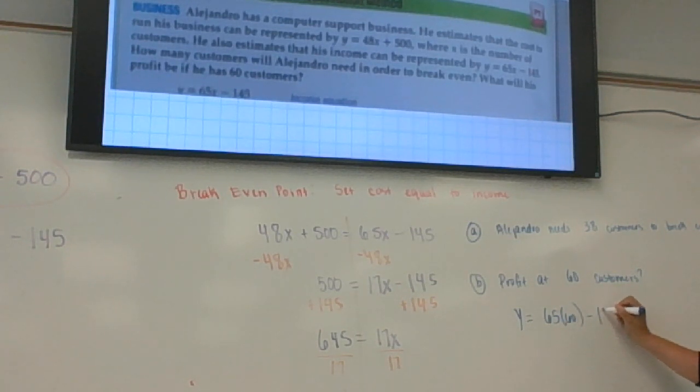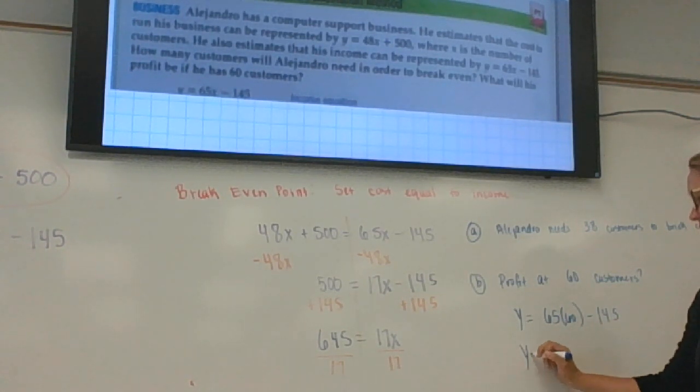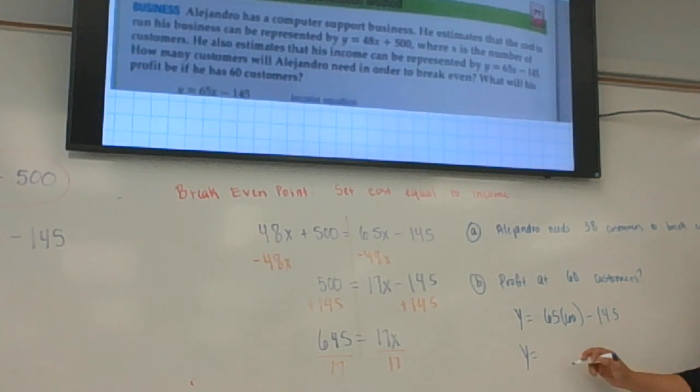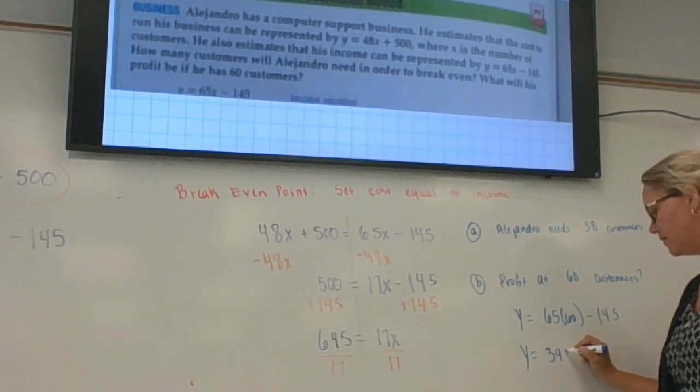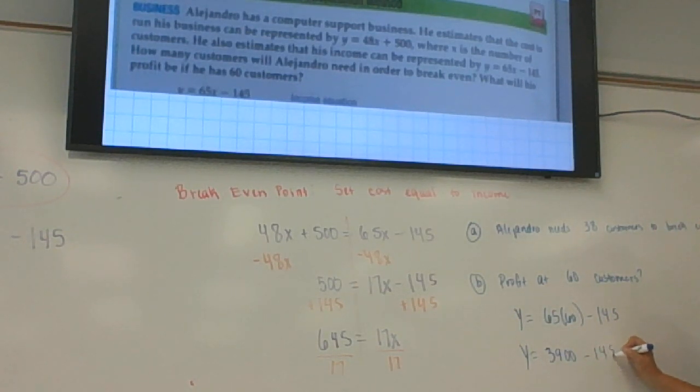How much is he going to make if he serves 60 customers? 65 times 60 is 3,900. No, take away 145. 3,755.